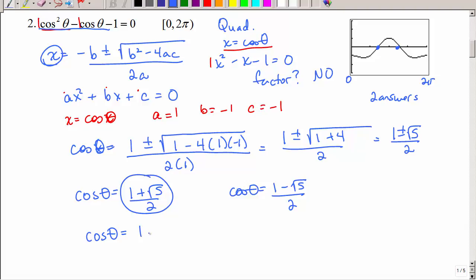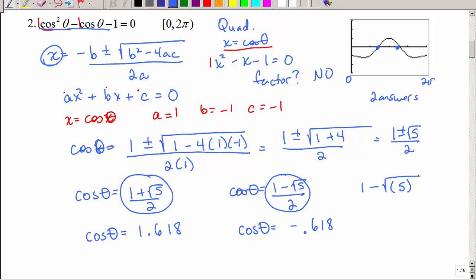You should get about 1.618. Let's go ahead and punch that in. Again, being very careful, you should get about -0.618. If you're using that TI-83 or really any calculator and you're punching in 1 minus the square root, some calculators go ahead and put that parenthesis.